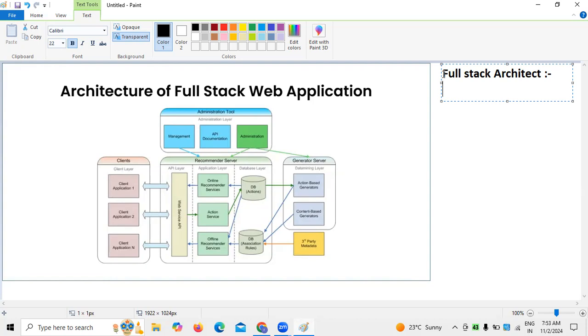We work on those sorts of products now and then. So we require architect roles, especially full stack architect roles, at the organization level. Today I'm going to discuss the key skills and experiences required to become a full stack architect.